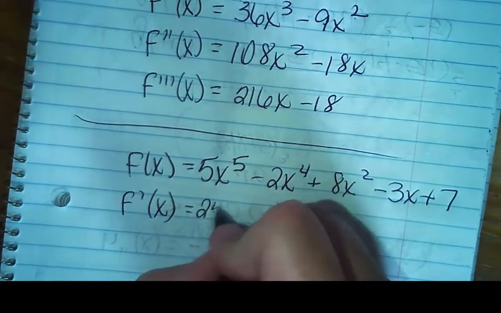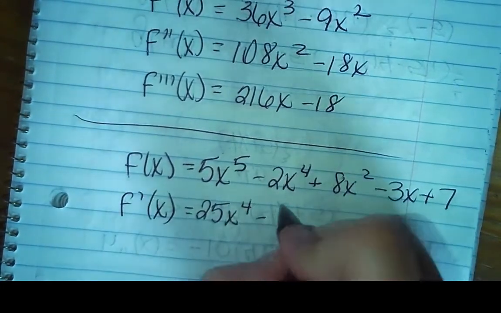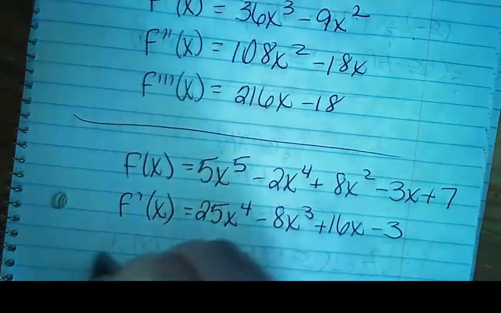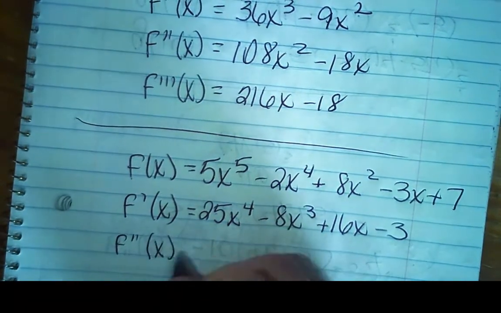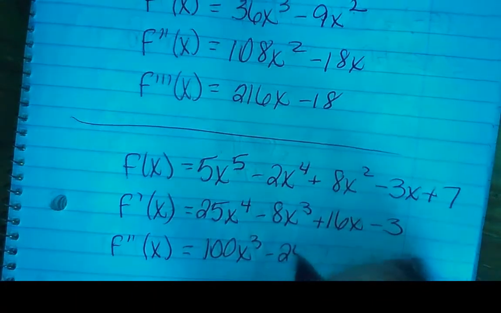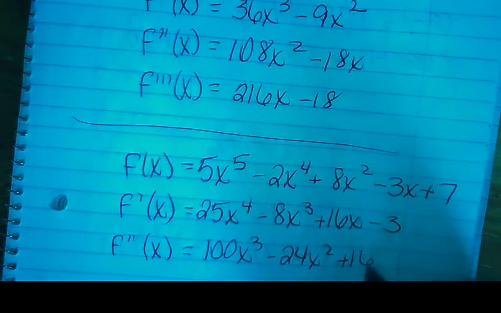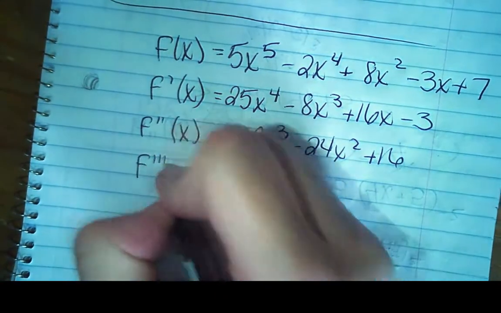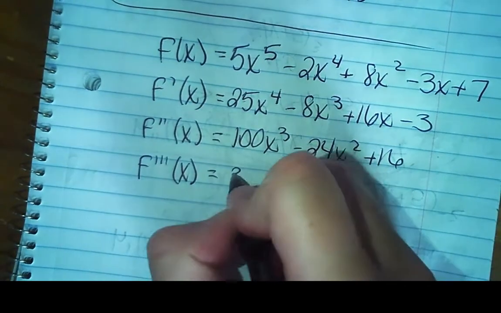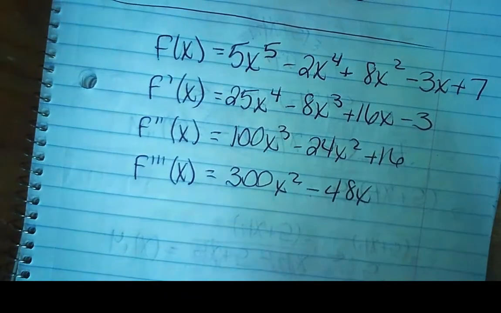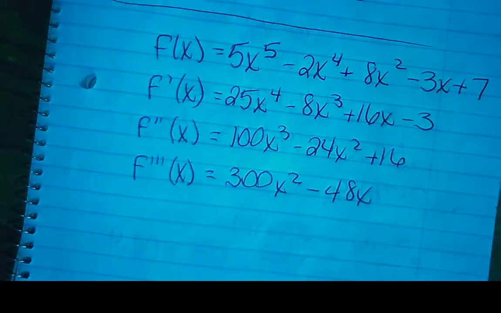So I have 25x to the fourth minus 8x to the third plus 16x minus 3. My second derivative is 100x to the third minus 24x squared plus 16. And now my third derivative is 300x squared minus 48x. And we're done. You just want to keep going through it.